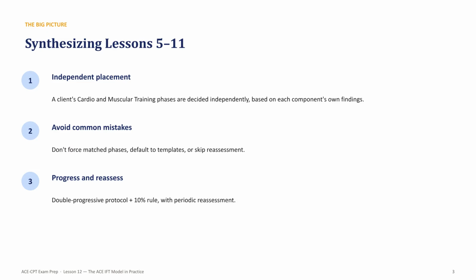Second, avoid the common mistakes. Don't force matched phases just because it feels tidy. Don't default to a generic template, and don't skip reassessment along the way. And third, progress and reassess. Progression follows the double progressive protocol, alongside the 10% rule, and it's paired with periodic reassessment to confirm the client is actually ready to move forward.